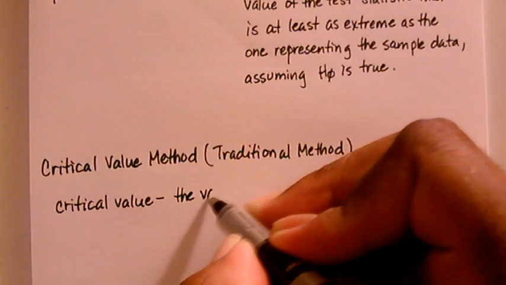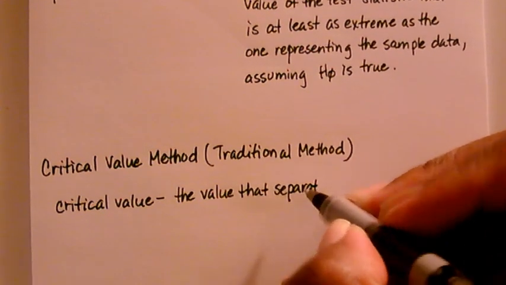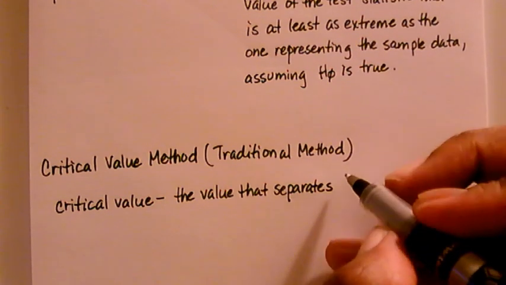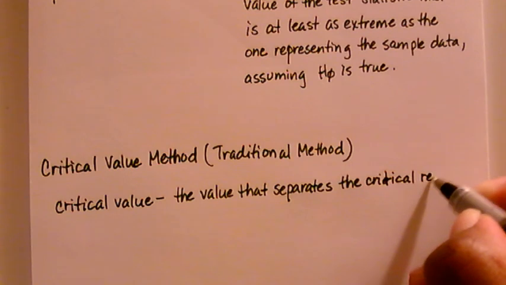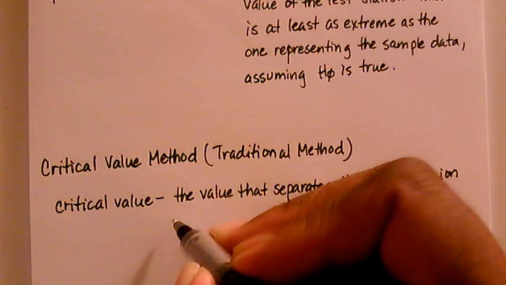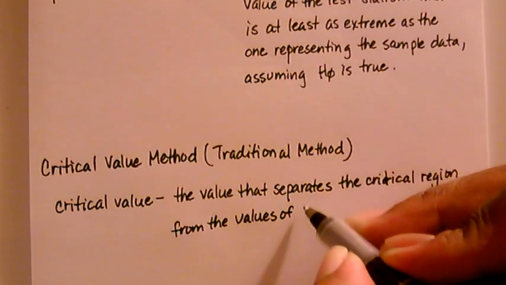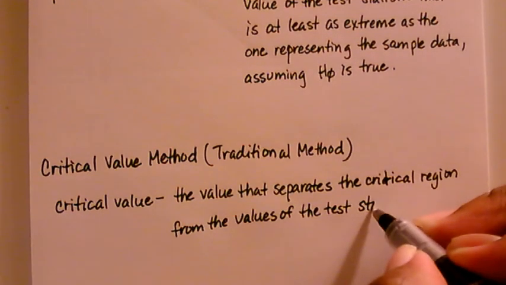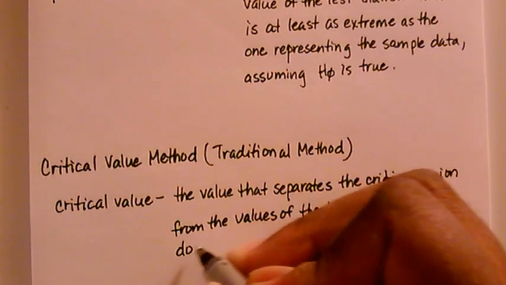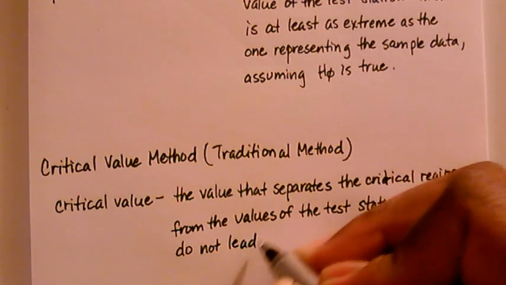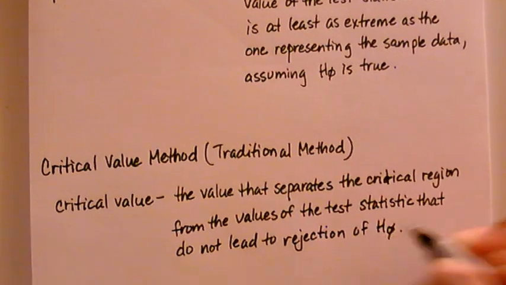The critical value is the value that separates what they call the critical region, or that shaded area that I talked about, from the values of the test statistic that do not lead to rejection of the null hypothesis.